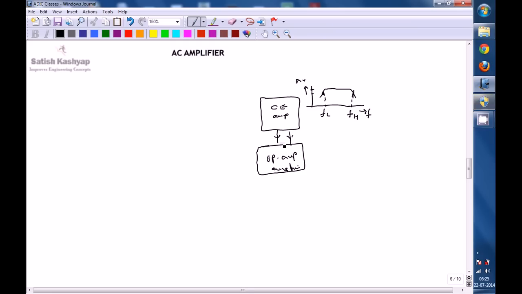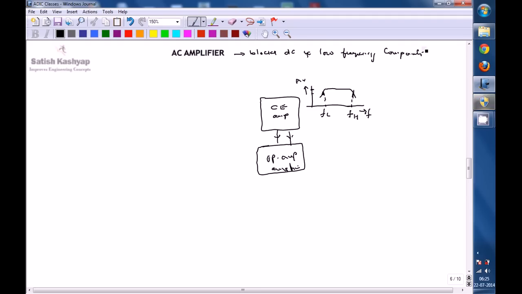So the main application of an AC amplifier is that it blocks the DC component and low frequency components. An op-amp based AC amplifier implies one which blocks the DC component as well as low frequency components.